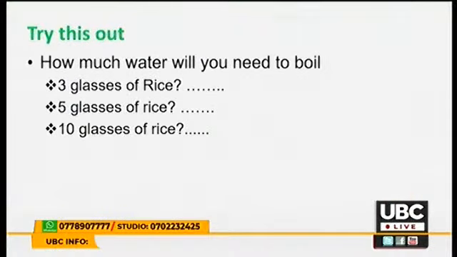Now try this out. Remember our lines? I would like you to get your pen and paper and find out how much water you will need to boil 3 glasses of rice.